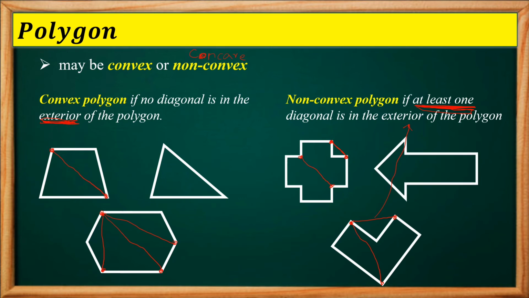The same with this. If we will have this vertex and another vertex, we will draw a diagonal. Then it is outside of the polygon. Then it is a non-convex polygon. Ayan siya. That is the convex and non-convex polygon.